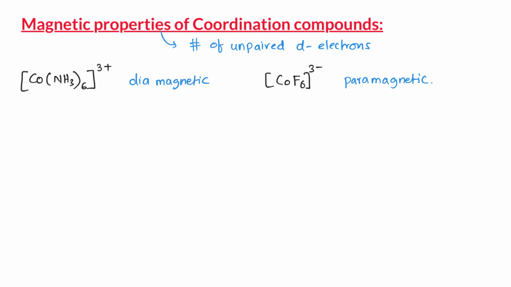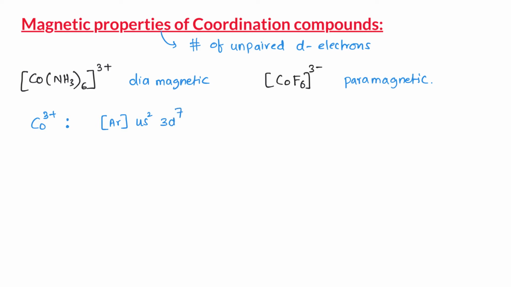The oxidation state of cobalt is 3 plus in both these compounds. Next, let us write the electronic configuration of cobalt 3 plus ion. For cobalt atom, the electronic configuration is argon, 4s2 and 3d7.